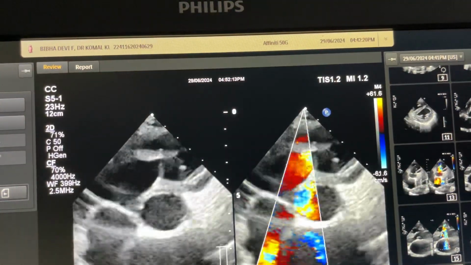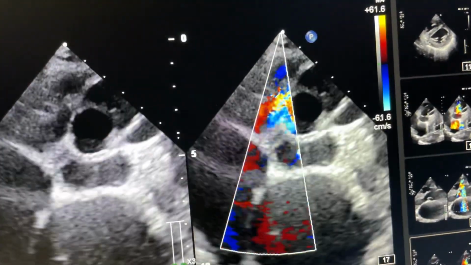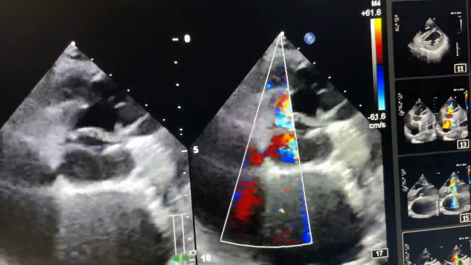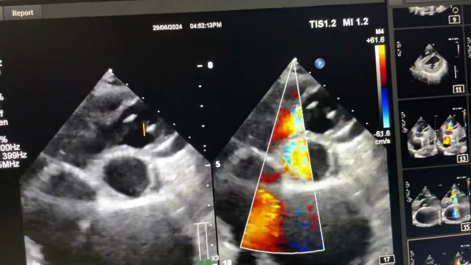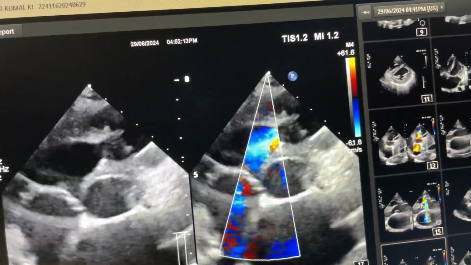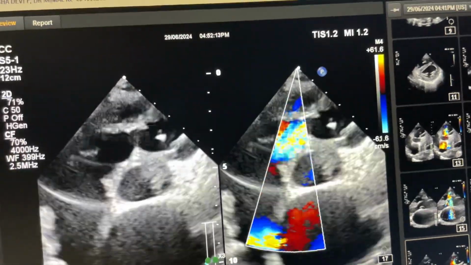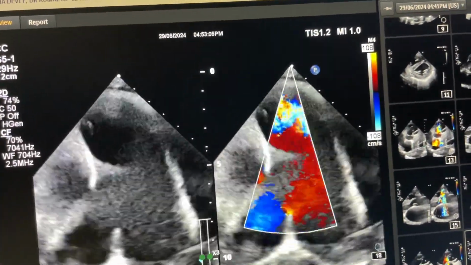So again you can see, this is aneurysmal aortic sinus, this is aneurysmal aortic sinus with rupture. Main pulmonary artery severely dilated.